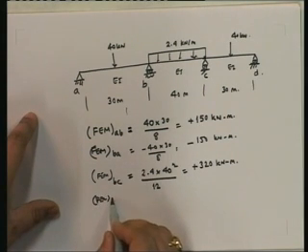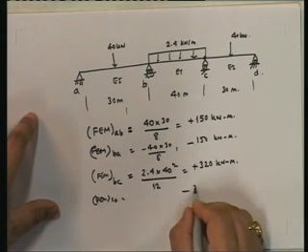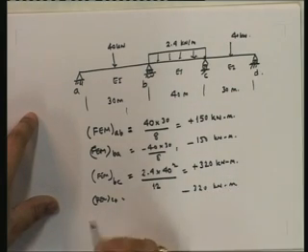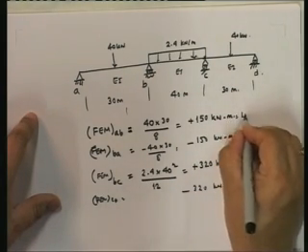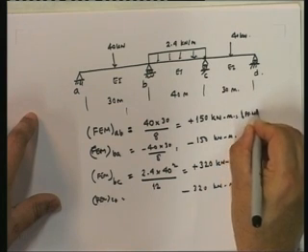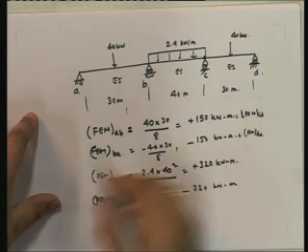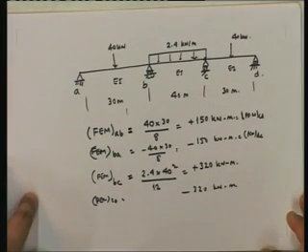Fixed end moment CB is going to be equal to minus 320, and this is equal to FEM CD, and this is equal to fixed end moment at DC, because they are the same thing.